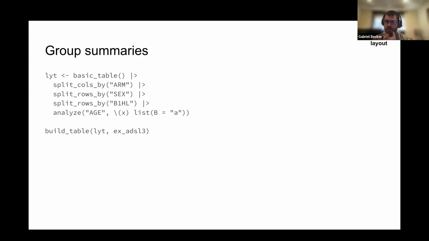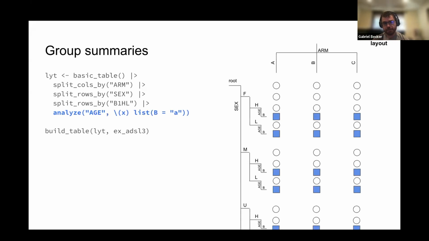So if you go ahead one, please, Adrian. Here we have an analyze, and we can see the tree. Within each combination of arm across the top, and then sex and B1HL across the side, we have nesting in the side.